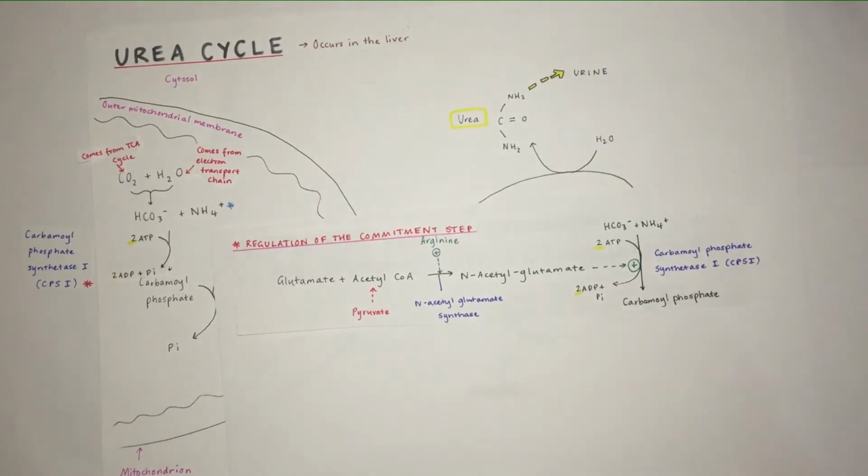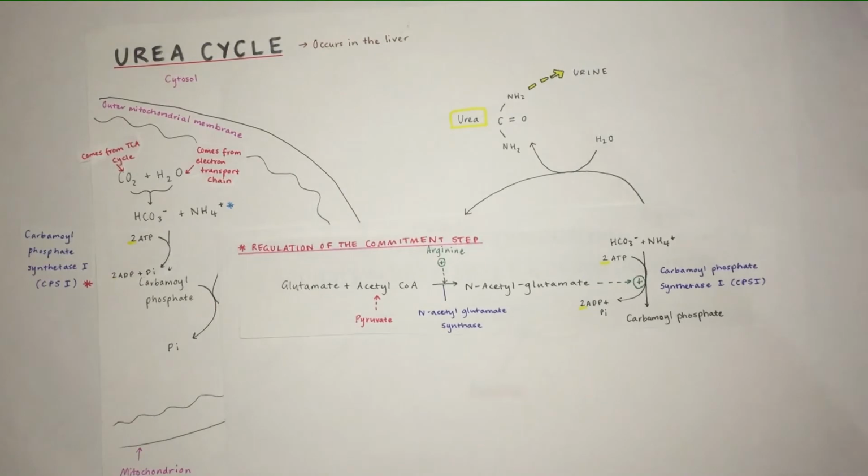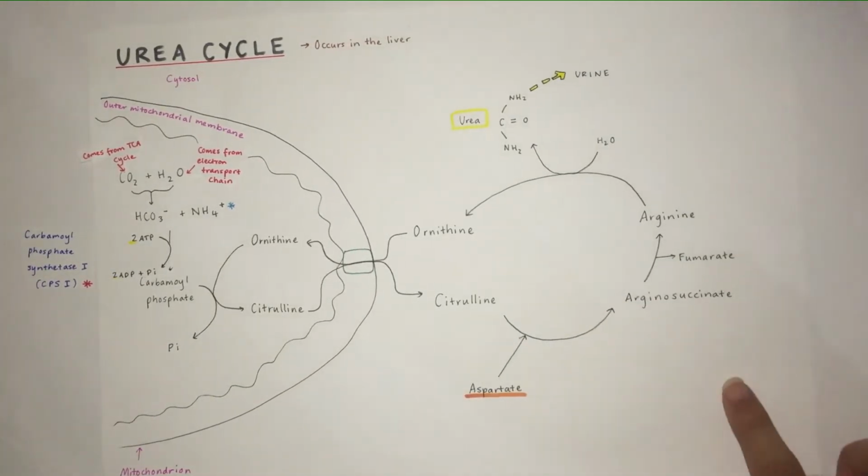So that's how the commitment step is promoted, and it's regulated by mainly that N-acetylglutamate. But we also need to know where it comes from originally, so that's why we've got that reaction before that there. So that's the regulation of the commitment step. I would really recommend that you commit that to memory because it's quite important. If we move that out of the way though, we can continue with the rest of the urea cycle.